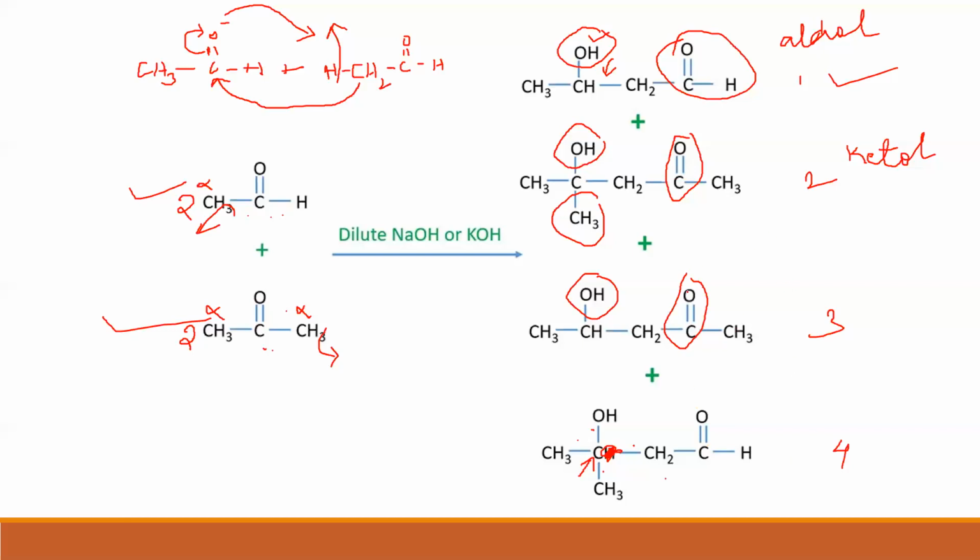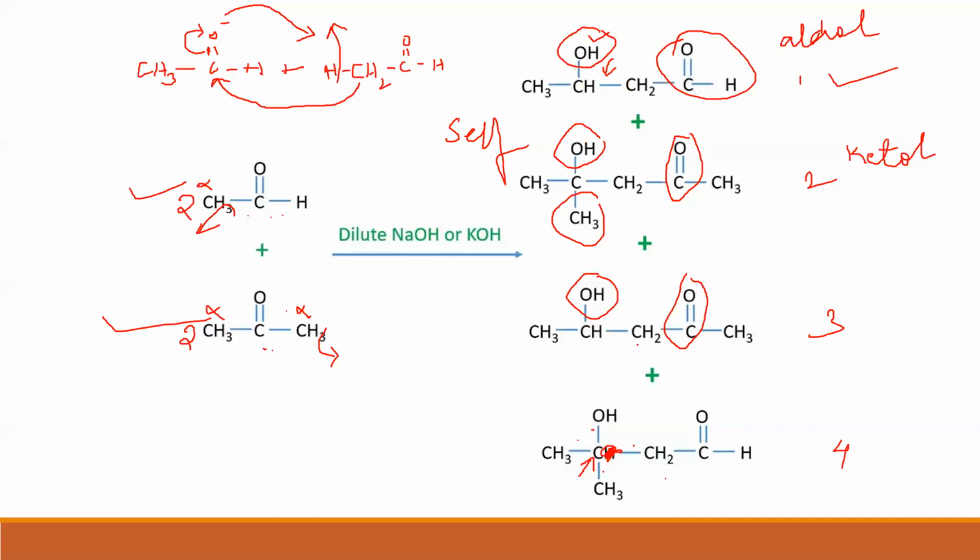Yes, products 1 and 2 are formed because of self. Product 1 is formed when two acetaldehyde molecules react. Product 2 is formed when two acetone molecules react. So both of them come under the type self-aldol reaction.